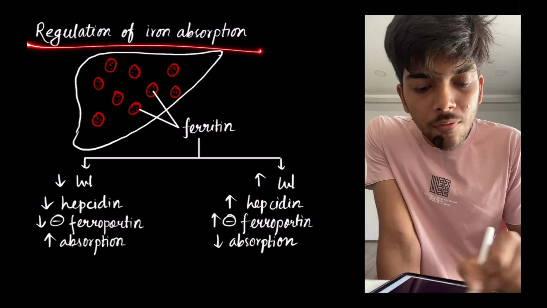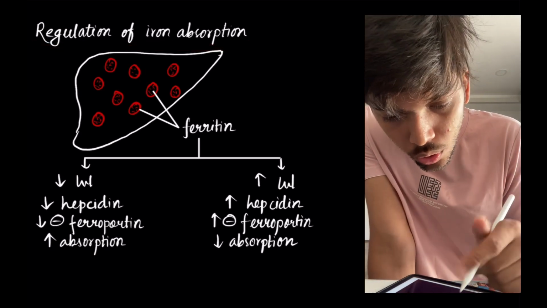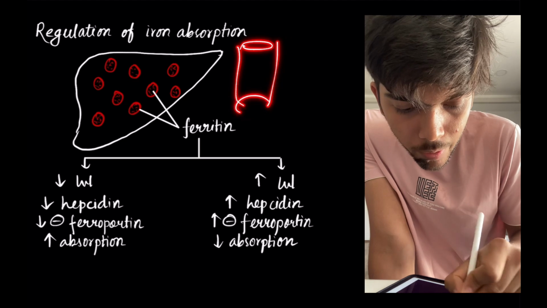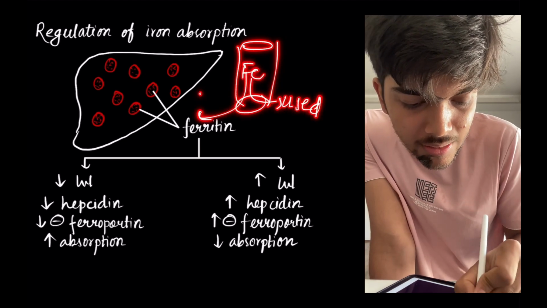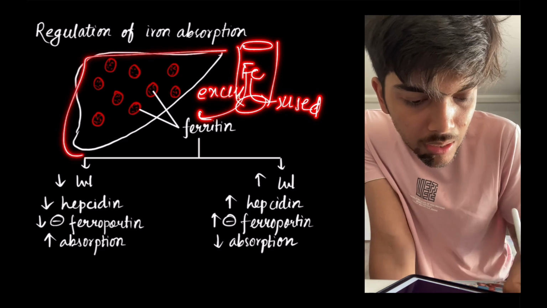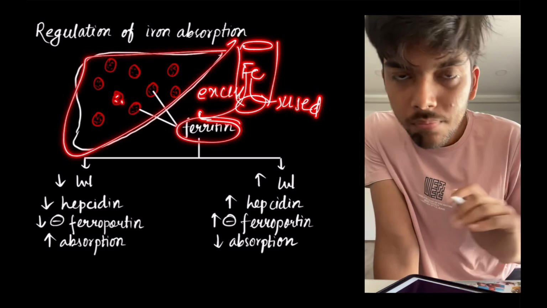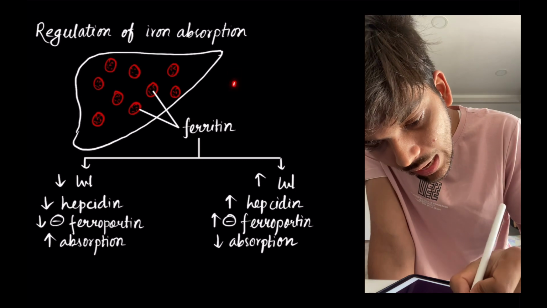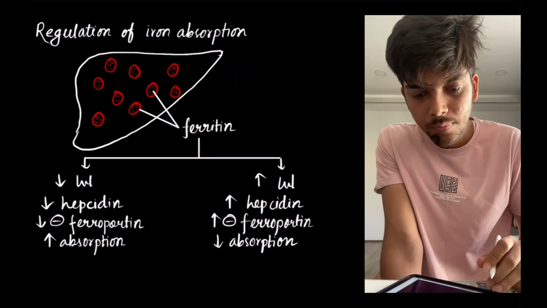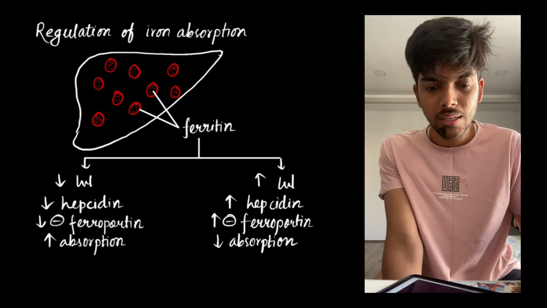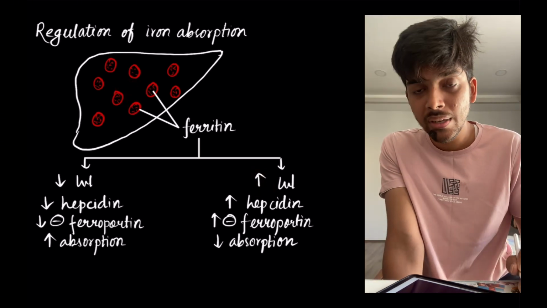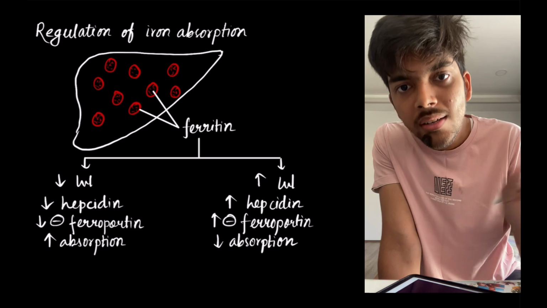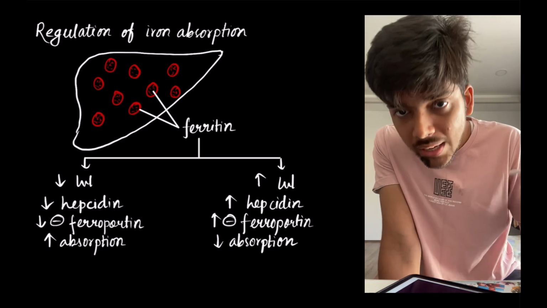Okay, regulation of iron absorption. So iron reaches your blood. This iron gets used, and the excess gets stored in the liver in the form of ferritin. Fine. As iron level increases, the stored form also increases. As stored form increases, the level of ferritin increases. That means no more iron is required by the body, so we need to decrease the absorption.